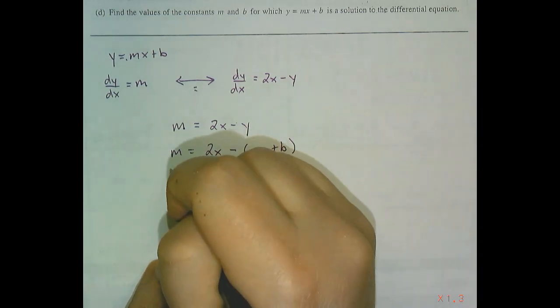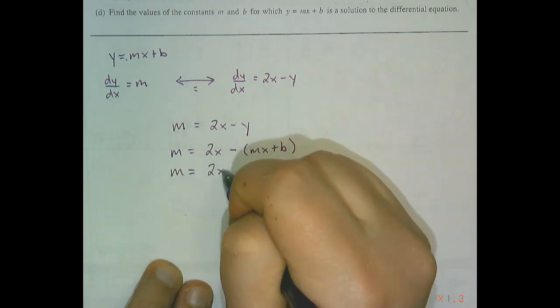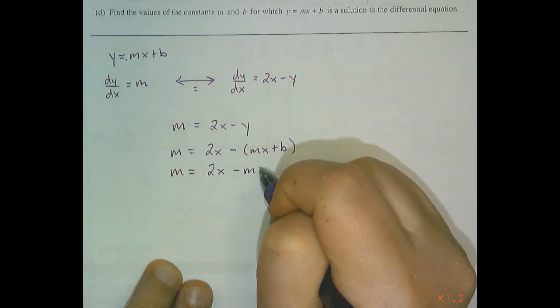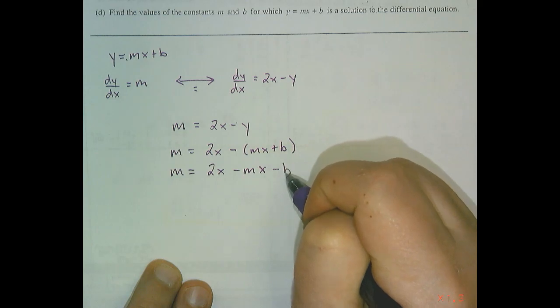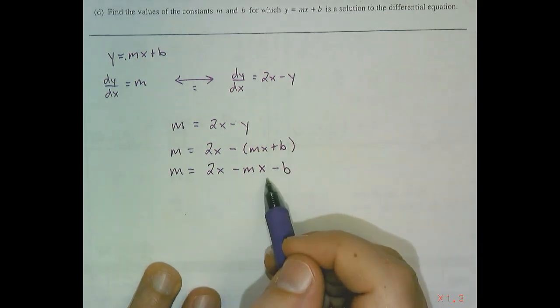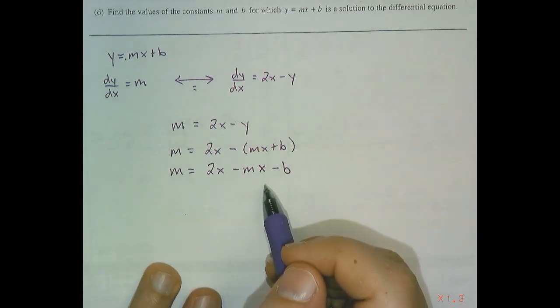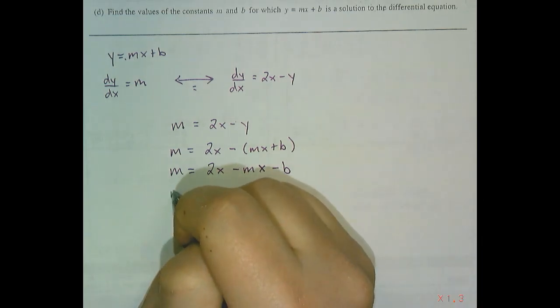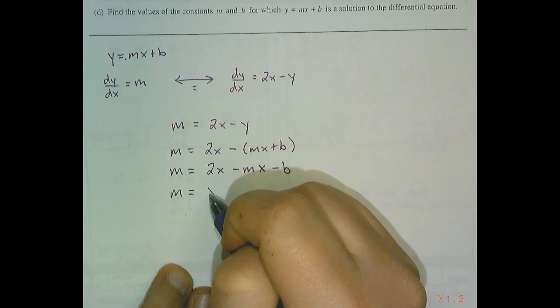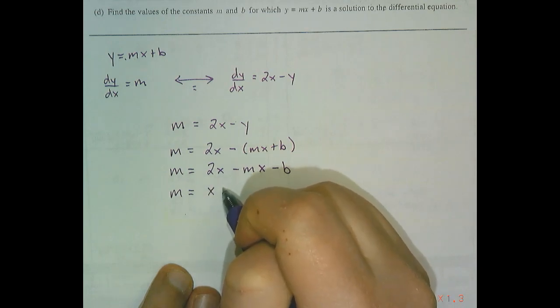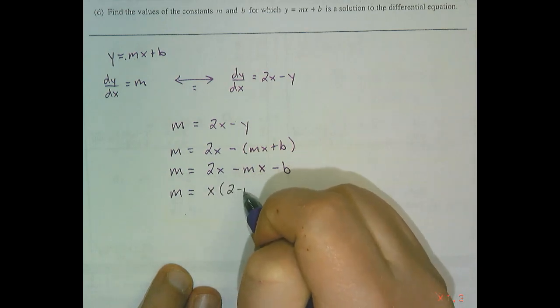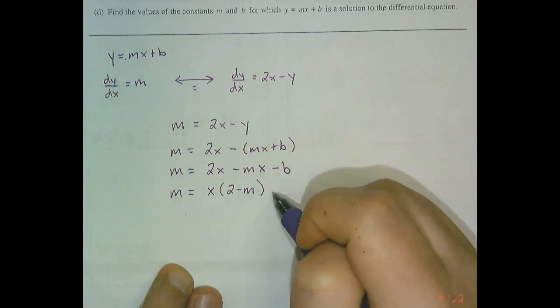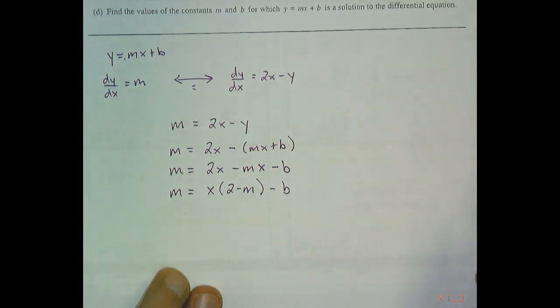All right, so let's clean this up a little bit. 2x minus mx minus b, and we can factor an x out here: x times (2 minus m), subtract b.